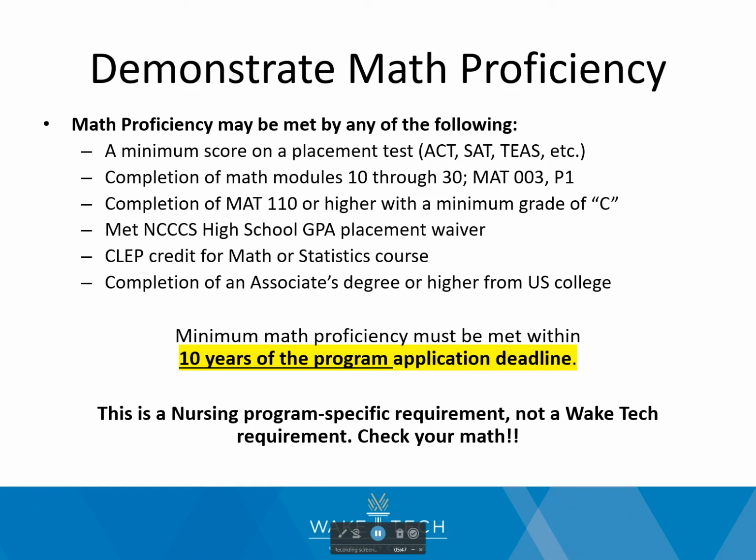A lot of our students have been out of classes a long time, so make sure that your math is within the past 10 years. If it is not, you have not met the math proficiency. So check with your health science advisor to double check on that math, because if it's not within 10 years, then we won't be able to accept your application.